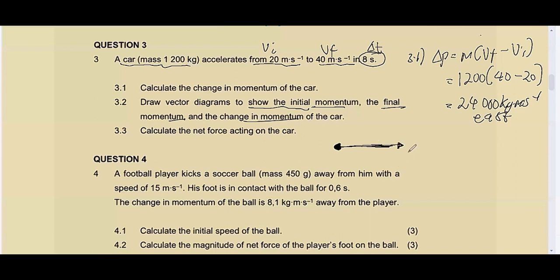Since the object is still moving in the same direction finally, then this is our final momentum. Because of the values here, our final momentum will be slightly larger than the initial momentum.